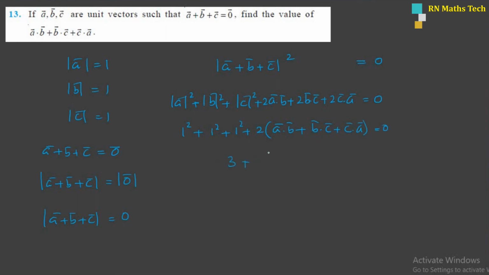That is 3 plus 2 into (a dot b plus b dot c plus c dot a) equal to 0, or 2 into (a dot b plus b dot c plus c dot a) equal to minus 3. Therefore a dot b plus b dot c plus c dot a equal to minus 3 divided by 2. Okay.